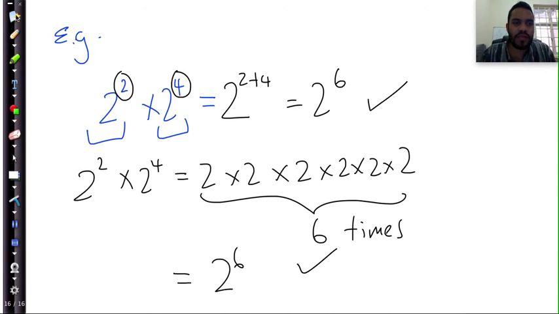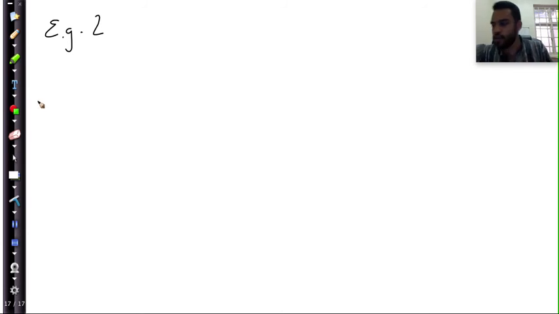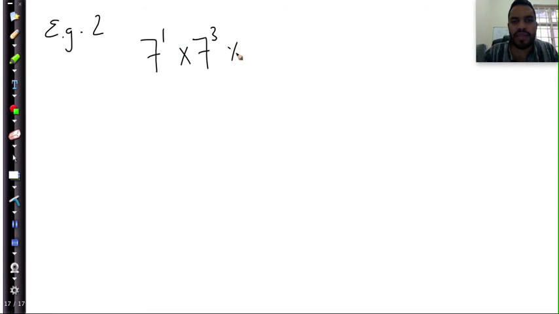Let's look at another example. Example number 2, let's say I've got 7 to the power of 1 multiplied by 7 to the power of 3 multiplied by 7 to the power of 2. What can I do here? Well, simply put, that's 7 to the power of 1, that's just 7 on its own, multiplied by 7 3 times.